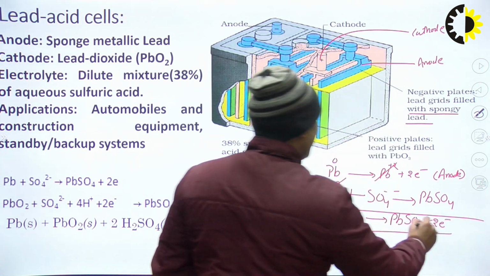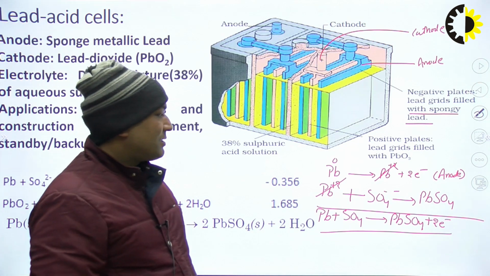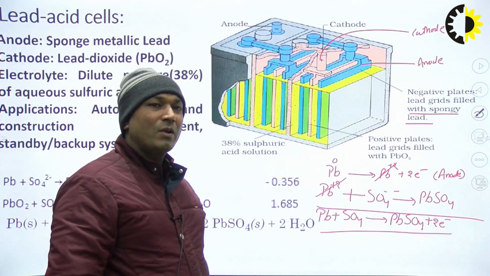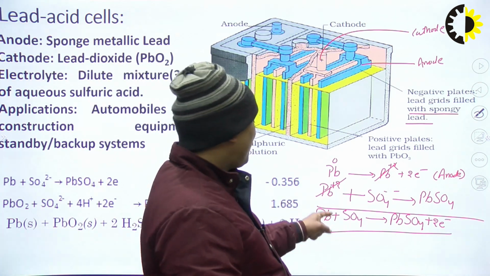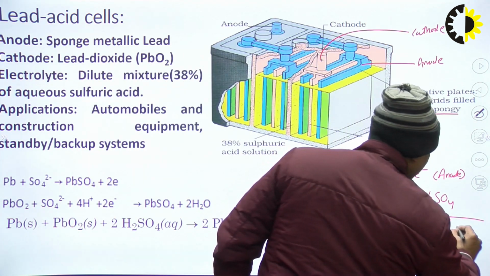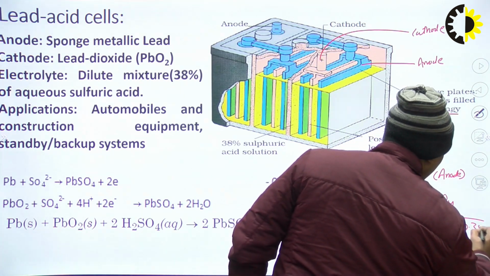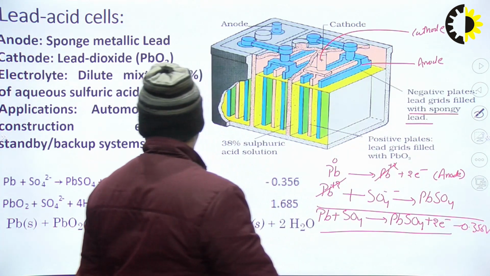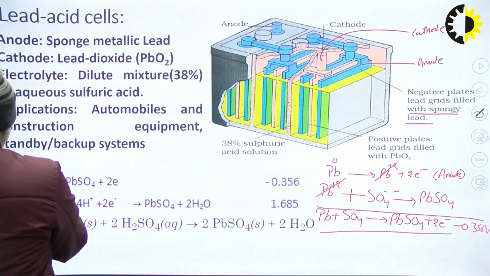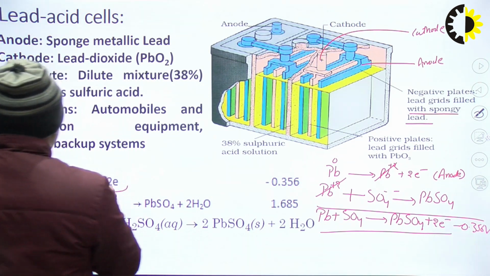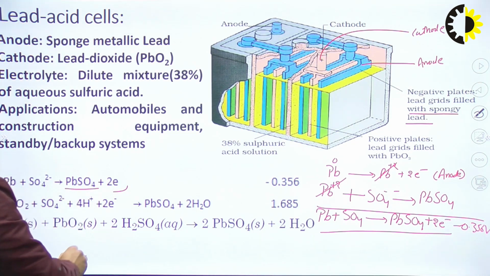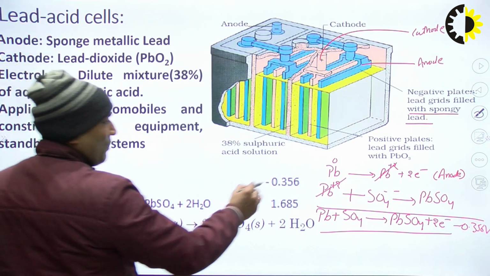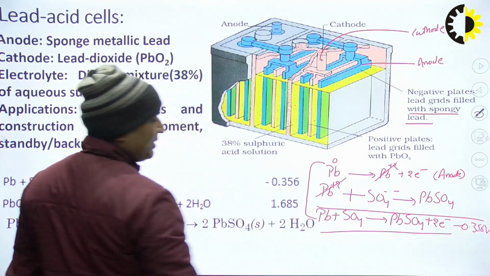So this is the complete cell reaction which is going on at the anode, and the E cell potential of this is minus 0.356 volt. So I have written here that this Pb forms PbSO4 plus 2 electrons. This is the complete cell reaction, while the half cell reaction is written this way.